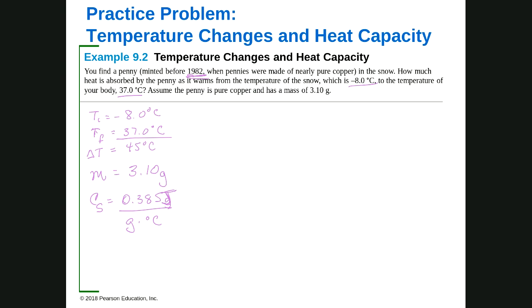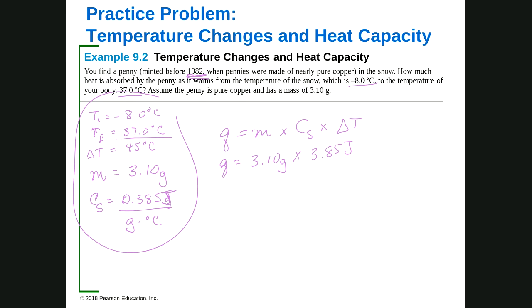So the amount of heat absorbed is Q, and Q is equal to mass times C sub S times delta T. Since I've done all my stuff preliminarily in my inventory over here, Q is equal to 3.1 grams times 0.385 joules per gram times degree C, times delta T, which is 45 degrees C.